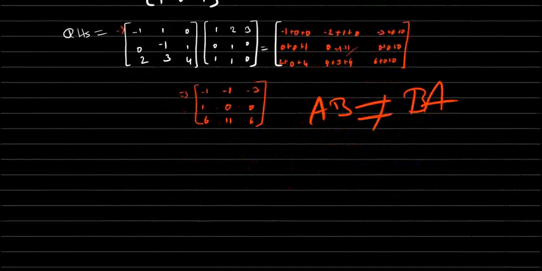Question number 17. A is equal to 3, 4, minus 2 and minus 2.